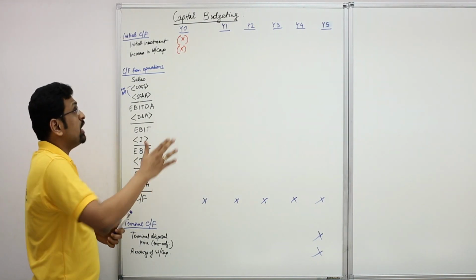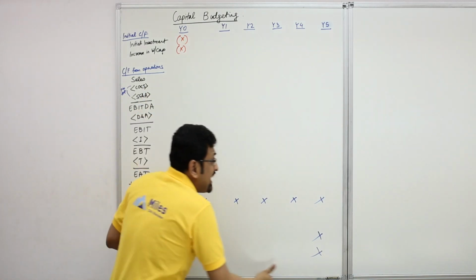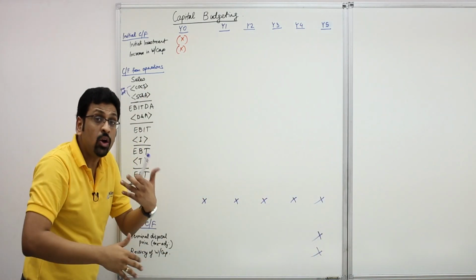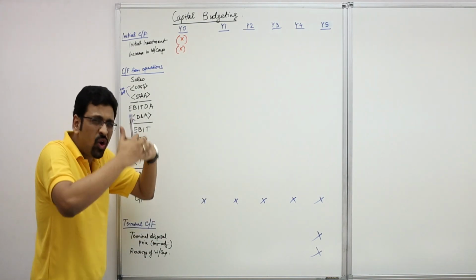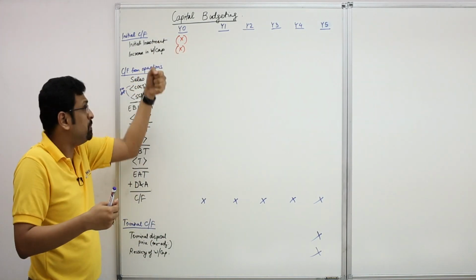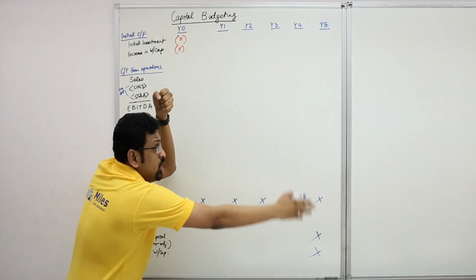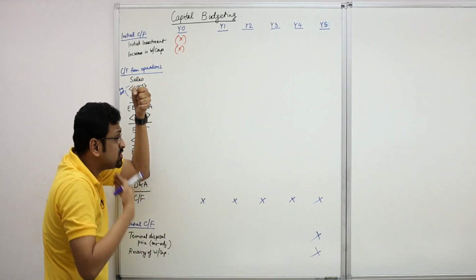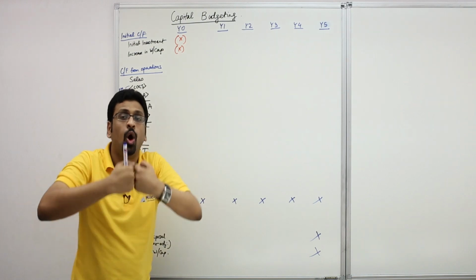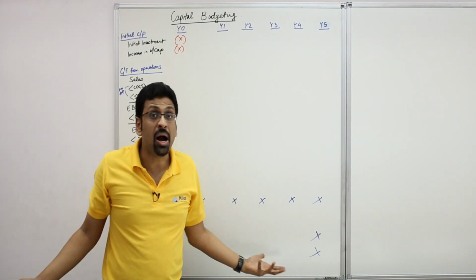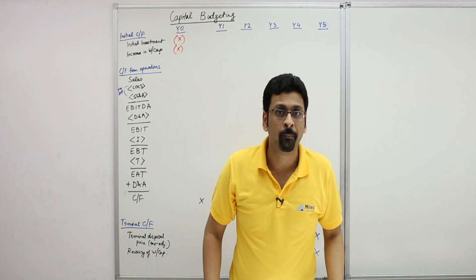So as you can understand, we're looking at cash outflows and we're looking at cash inflows. Now we're going to use the time value of money, present value, get everything right to today. So we're going to compare the present value of cash outflows versus the present value of all the cash inflows that are going to come in across years. And we're going to compare, should we accept or should we reject? If we got multiple alternatives, we got to decide which is the best alternative we should go for.